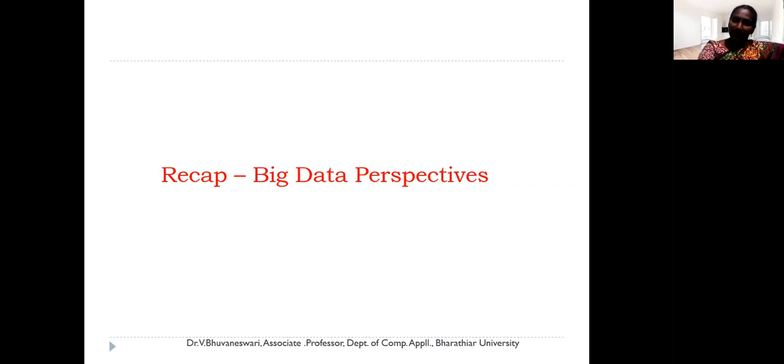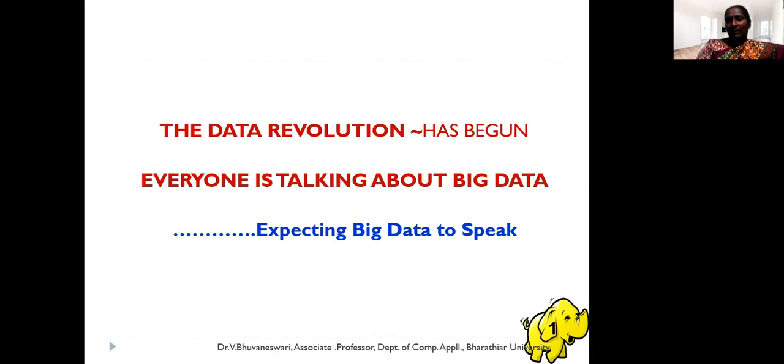With this as insight, data is a value component and big data is used as a technology to identify the hidden insight from the large volume of data. So the data revolution has begun.